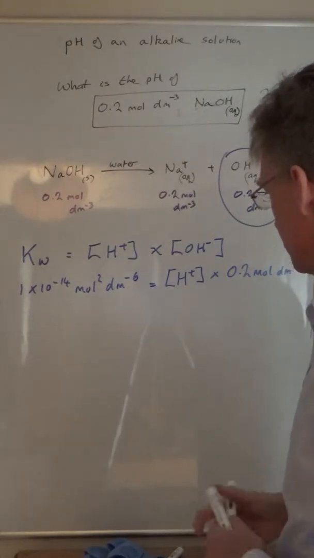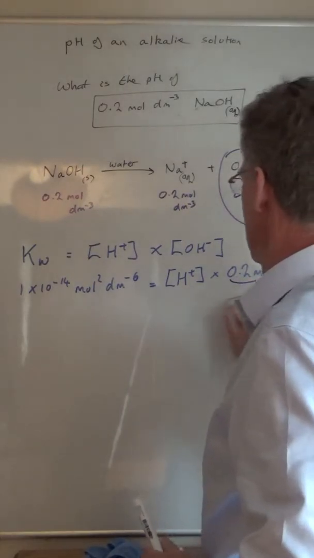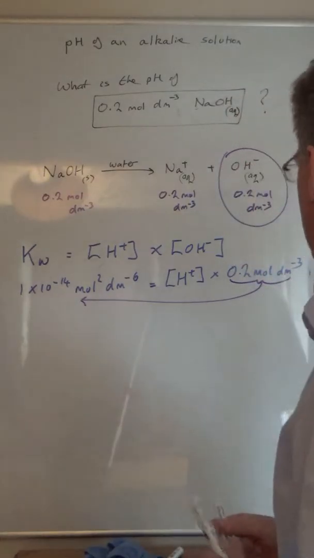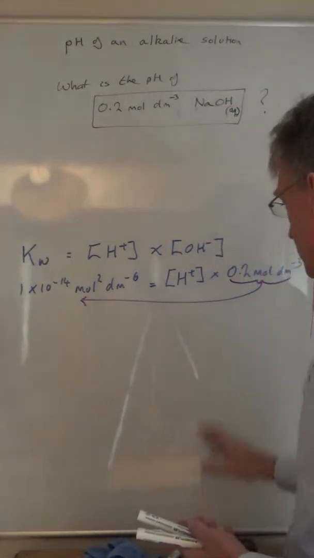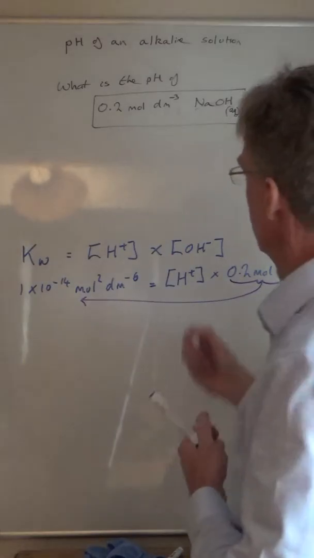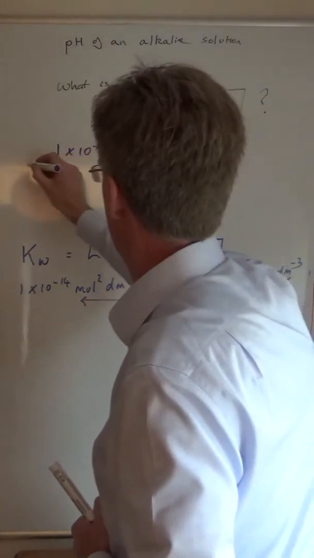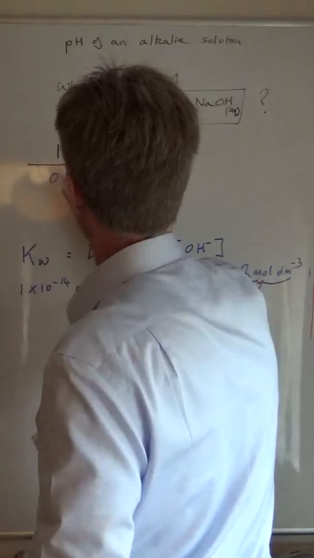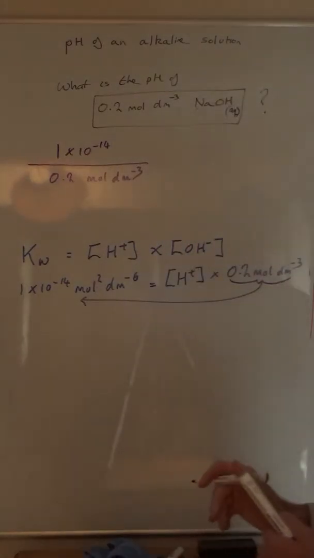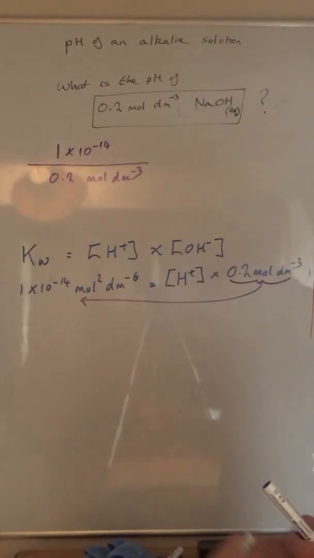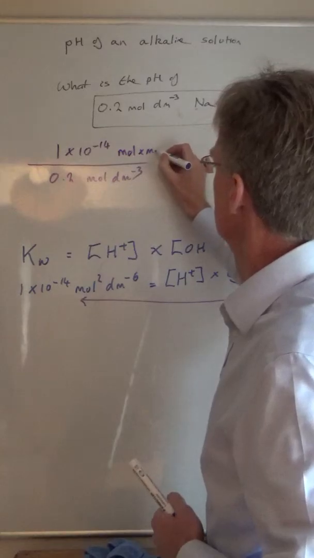So if I rearrange that, all I'm going to do is move this one underneath here, and that gives me my expression for the H plus concentration. So if I write 1 times 10 to the minus 14 over 0.2, now, just to show those who are not comfortable about handling the units, instead of writing moles squared, I'm just going to write moles times moles, because that's what it means.